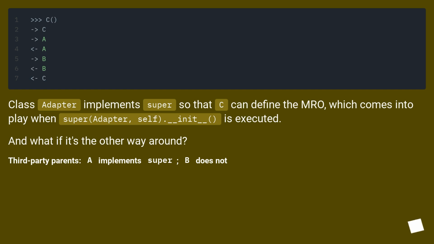The adapter implements super so that C can define the MRO, which comes into play when super(Adapter, self).__init__ is executed. And what if it's the other way around? Third-party parents, A implements super, B does not.